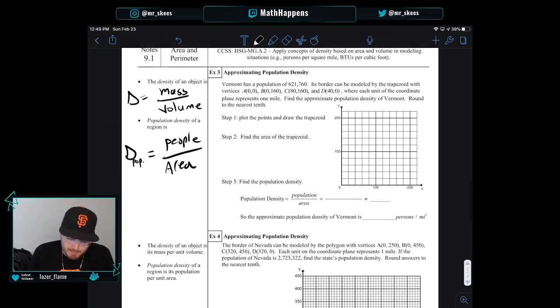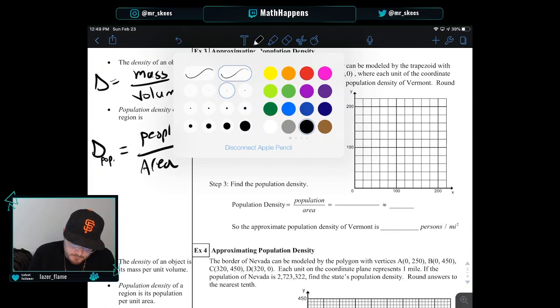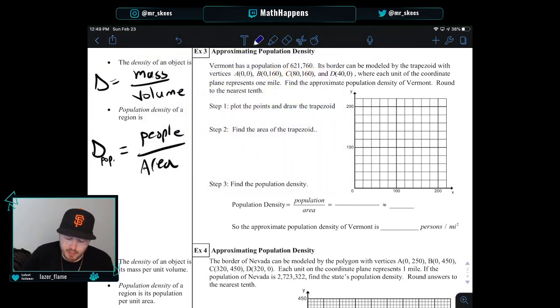So, Vermont has a population of 621,760 people. Its border can be modeled by the trapezoid with vertices (0, 0), (0, 160). These are 20 apiece, it appears: 120, 140, 160, 180, 200. So (160, 24) right here, and then (80, 160) is right here.